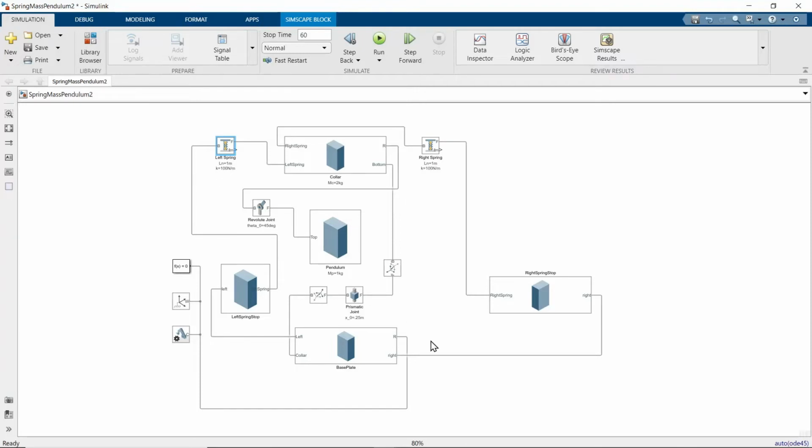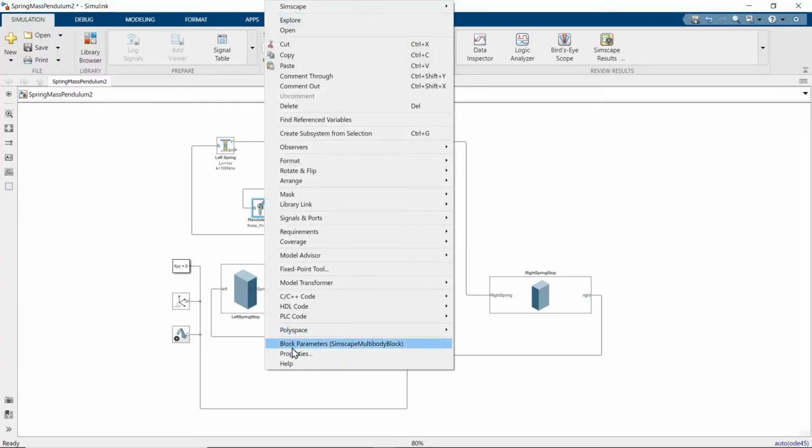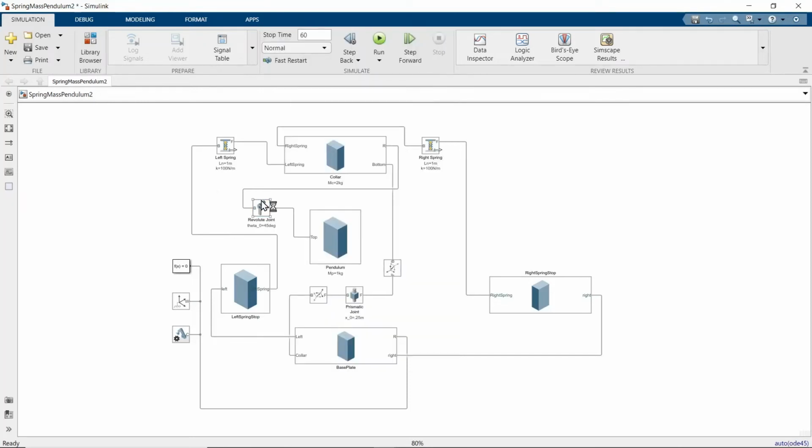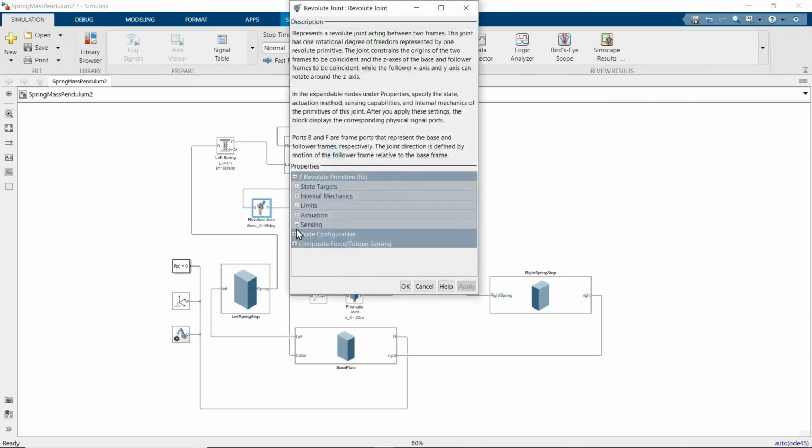Let's collect some values so we can show them in the plot. Here we can sense the position, and that'll give us the theta value of the pendulum. So we double click, sensing position and velocity.